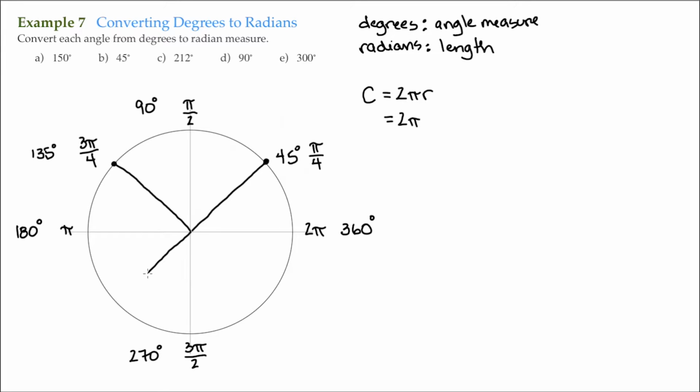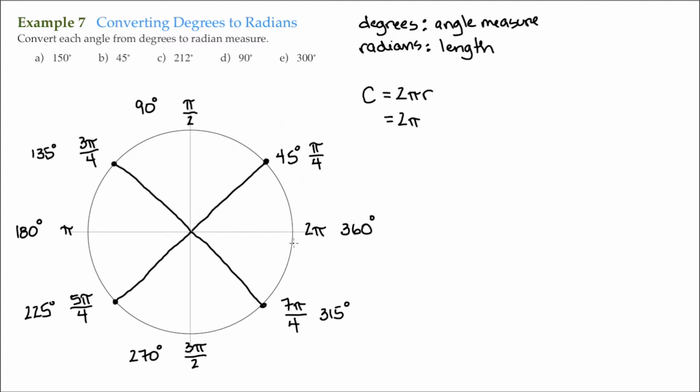Over here, hopefully you guessed it, this is 5 pi over 4, and this is 225 degrees. 6 pi over 4 simplifies to 3 pi over 2. 7 pi over 4, that's 315 degrees.